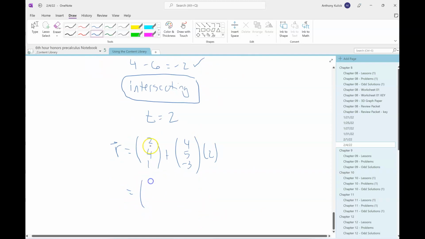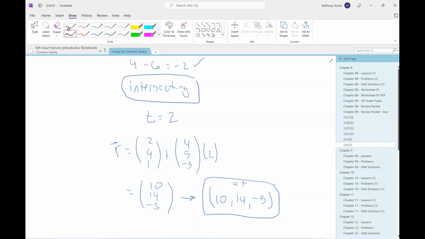So that's going to give me 2 plus 8, so 10. 4 plus 10, that's 14. And 1 plus -6, that's -5. So that's my point vector, or equivalent to the point 10, 14, -5. Does that feel okay?